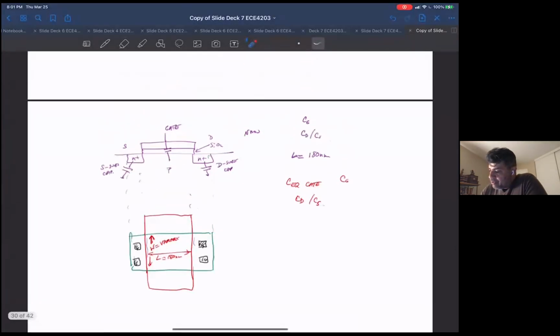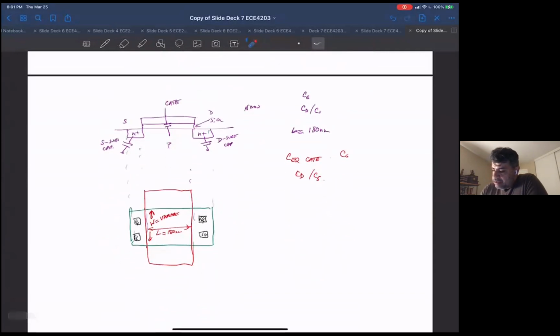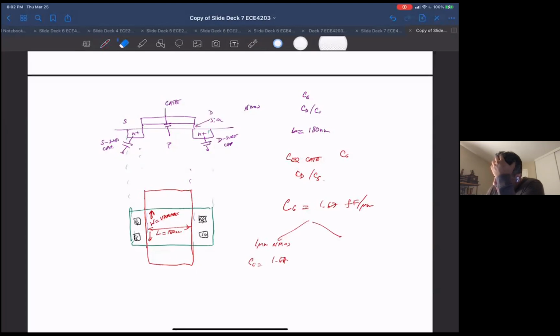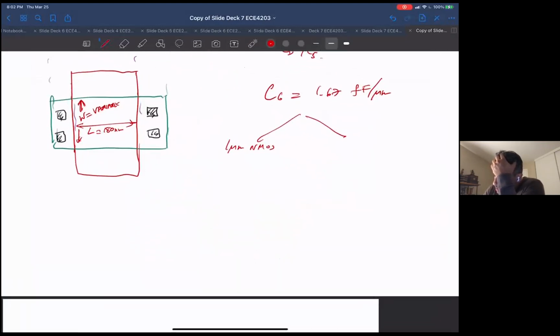So where are we? Basically, C sub gate was 1.67 femtofarads per micron. In the case of our 1 micron NMOS, C sub gate effective would be 1.67 femtofarads per micron times 1 micron, which is equal to 1.67 femtofarads.